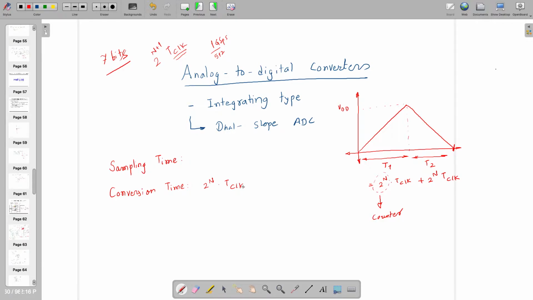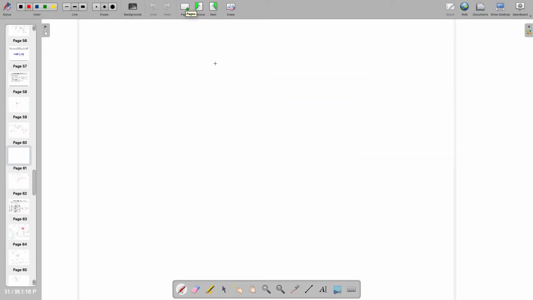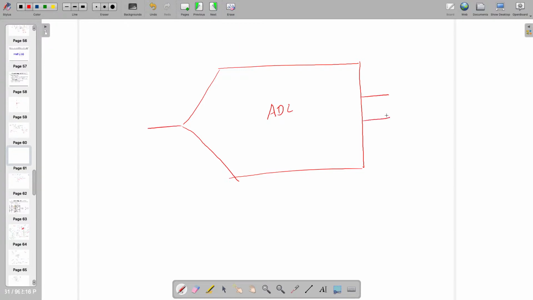Just for your information, there is one more thing. Let's say this is an ADC, whose symbol looks like this, where analog is an input and output is digital. So when you are doing this, this analog input is actually V in star. Star means it's a sampled input or discrete input.